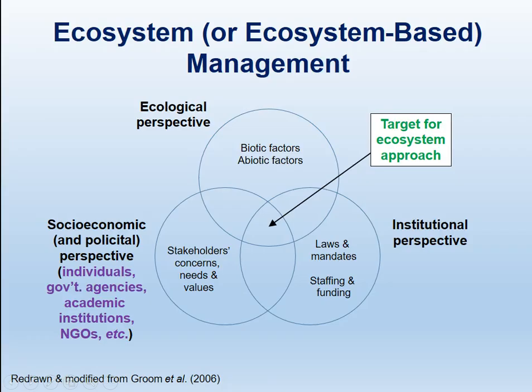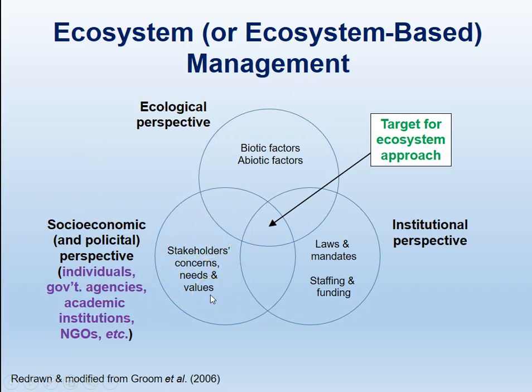Whenever you're doing management at the ecosystem level, you have three different perspectives that you need to take into account when you're doing your approach. You need to look at the ecological perspective. Make sure you're doing what's right for the abiotic and biotic factors in that ecosystem. Next, the socioeconomic, and this is really important. You need to look at what the stakeholders value.